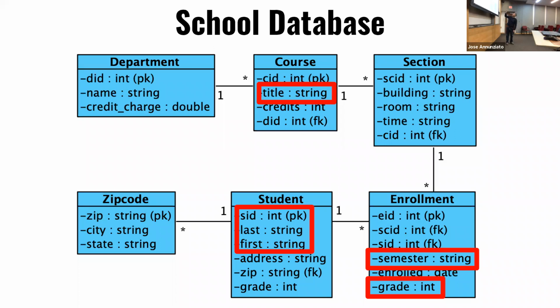We'll have to say course CID is equal to the section CID, and that the enrollment section ID is equal to the section ID. So there'll be a join that joins these three tables, and also there will be an and: course title is equal to CS1234, and enrollment semester is equal to 2345. So there'll be a big where clause that does the join and does the filtering. Make sense?